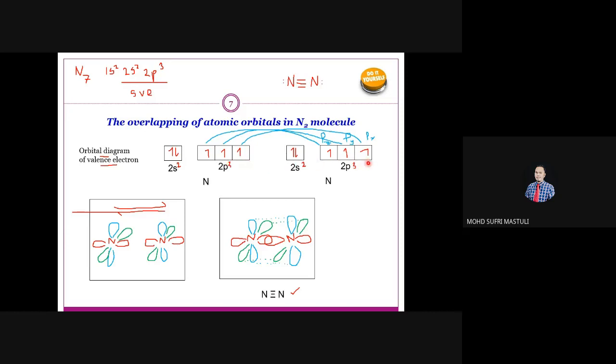From there, you should identify which orbitals are single, because only the single can partner with the single to form one chemical bond. Single with single, single with single, single with single. The double one is already occupied. It cannot form the chemical bonding.